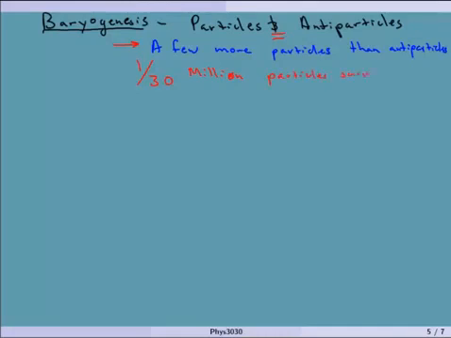So there were a lot more particles at one point in the world, and antiparticles, but they all collided with each other and formed a ton of photons again, and we're only left with 1 in 30 million of them left. Okay. And this is called baryogenesis. What it basically means is that we have all of these particles left over, and the baryo is really those heavy ones like the protons and the neutrons. And so that's what we're left with.